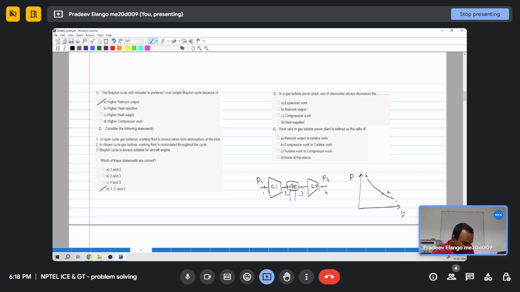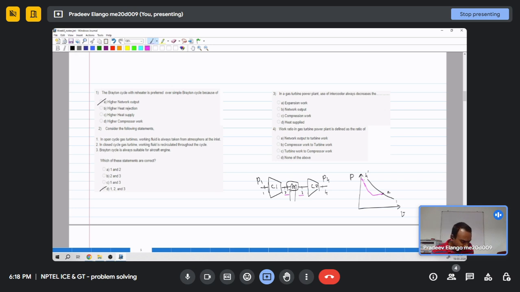So at constant pressure you reject heat, that means the volume comes down, and now you again compress from 3 to 4. So now you have come to the same point. So this is 4 and maybe that is 4 dash.